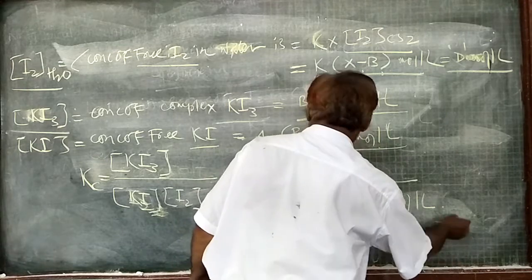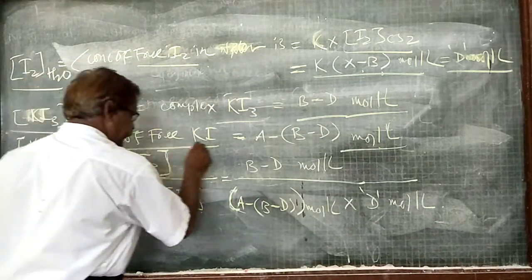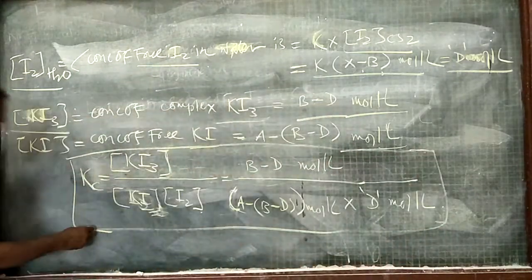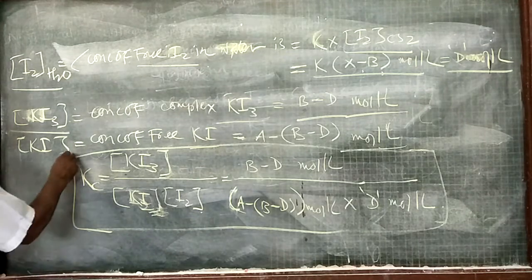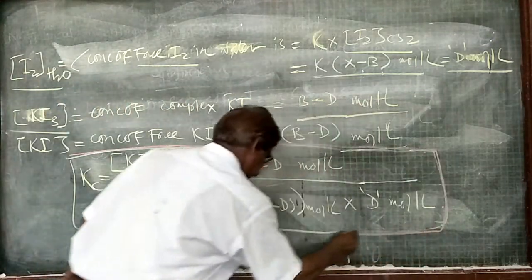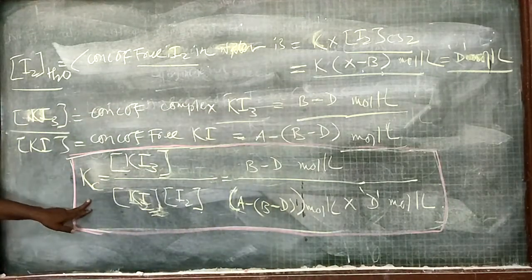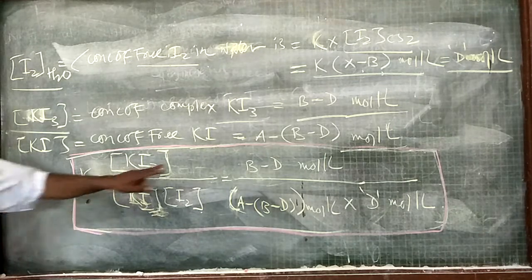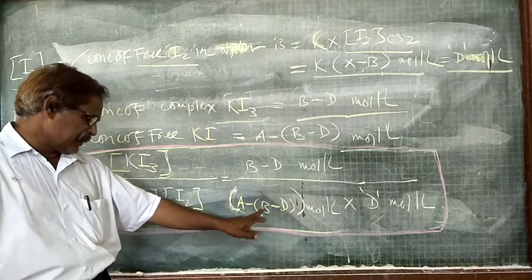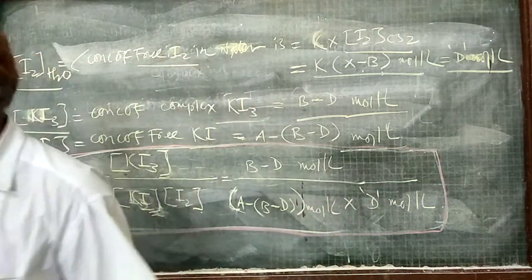So look at this last expression: Kc is equal to B minus D moles per liter divided by A minus B minus D moles per liter into D moles per liter.